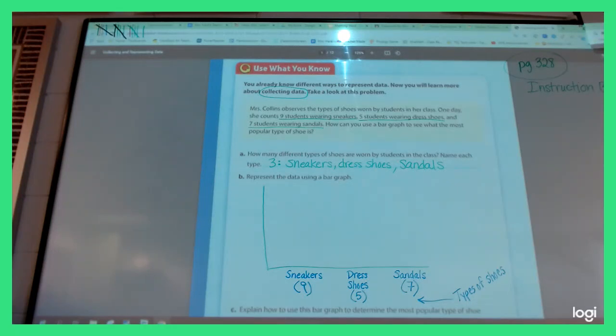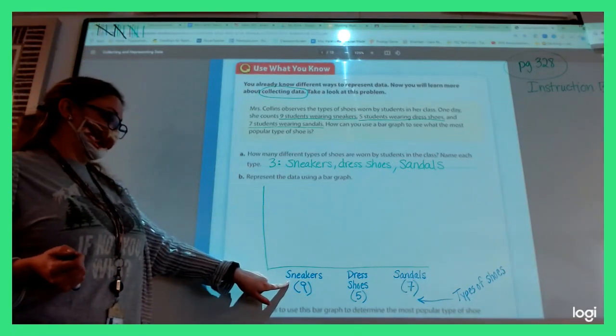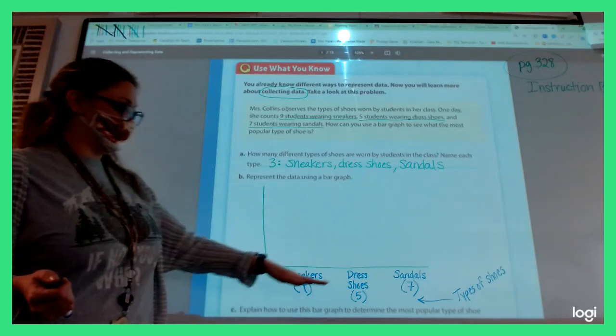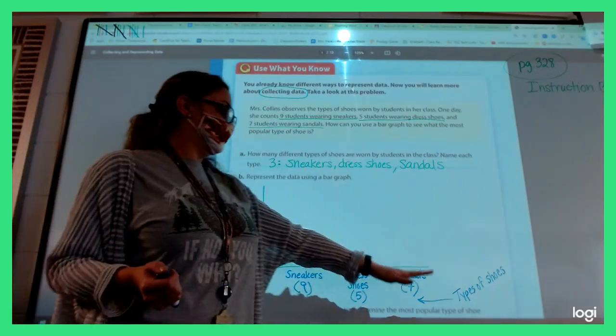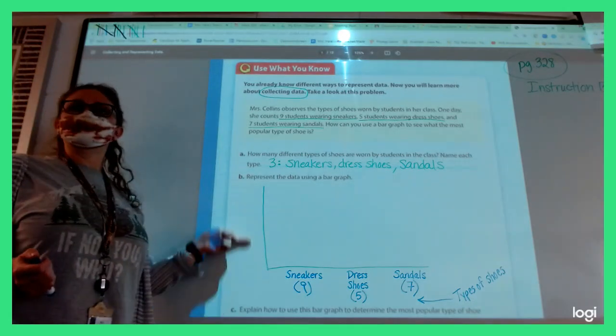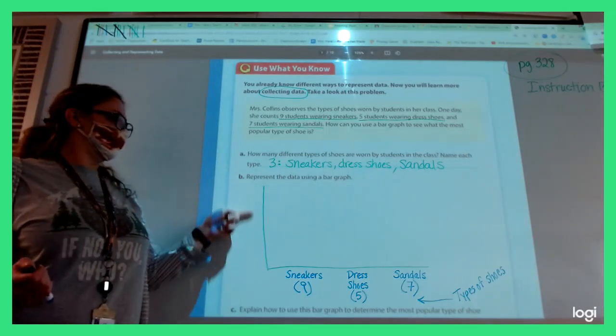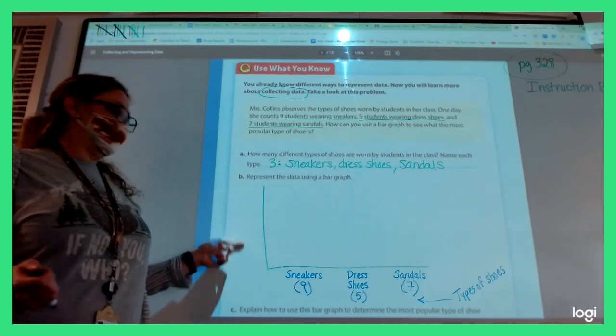Okay. Now, we need to label up the side, okay? Now, we have to show that 9 students wore sneakers, 5 students wore dress shoes, 7 students wore sandals. So what type of numbers do I need to put along my side? Any ideas? What numbers go over here? Quentin, what are you thinking?